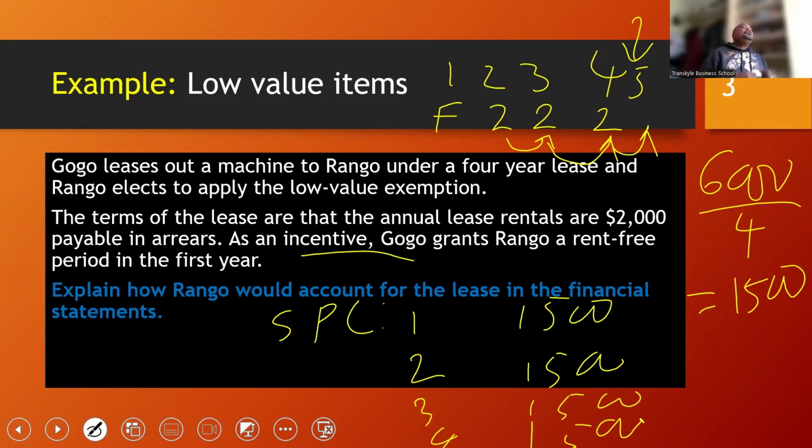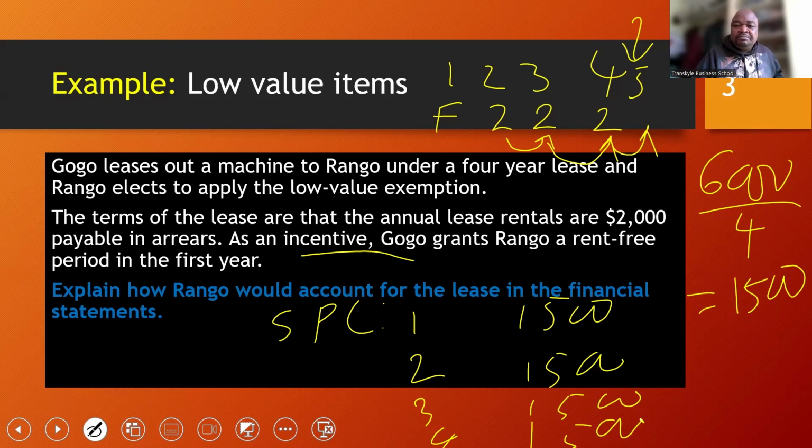But using the matching concept, I've enjoyed the rental. Even if it was free, I need to charge. This is actually very consistent with IFRS 15. The standards are now consistent with one another, aren't they? I've enjoyed the service. I need to pay for it, isn't it?